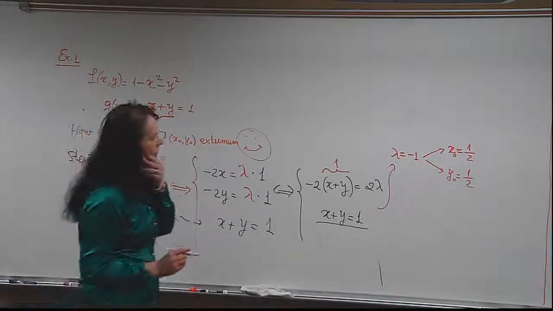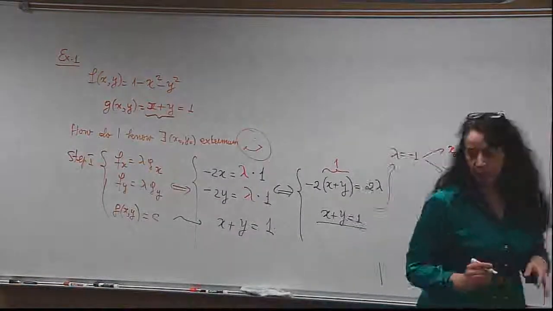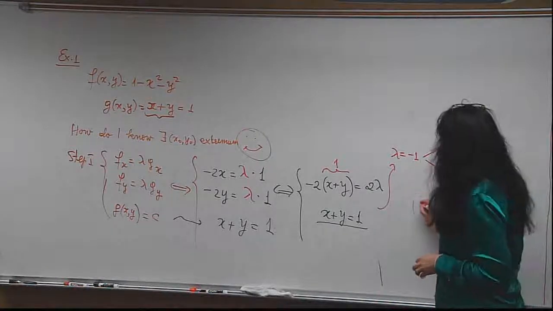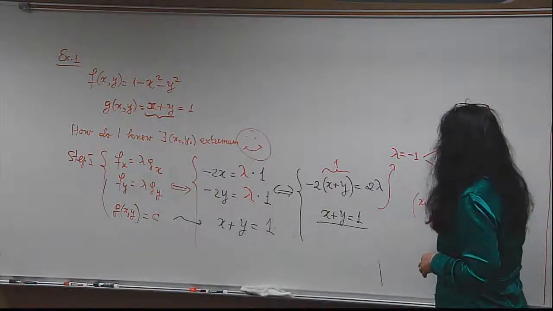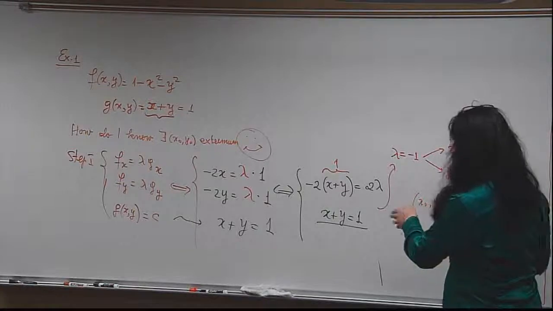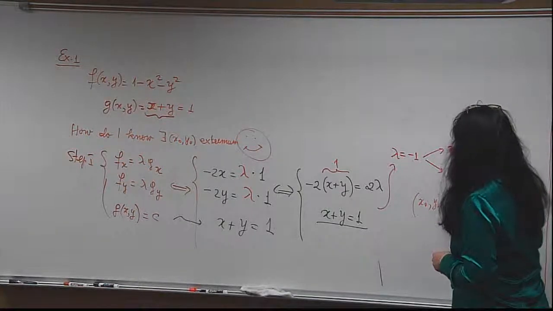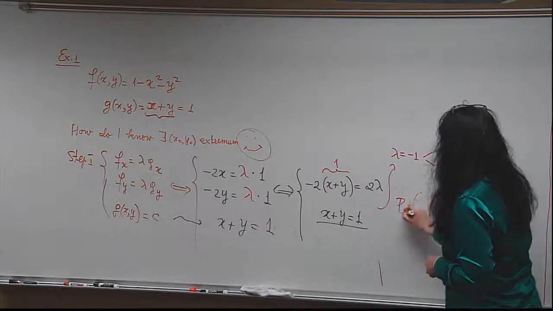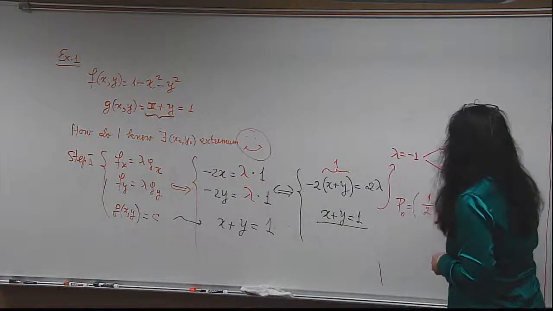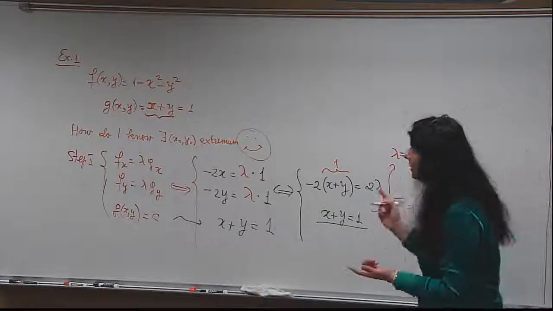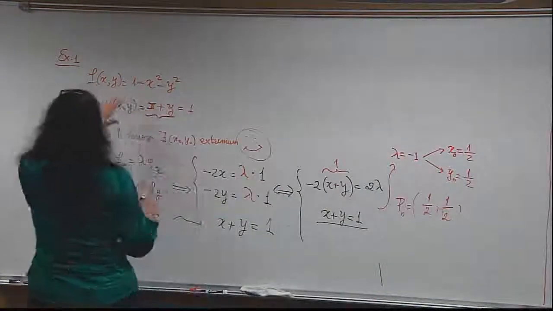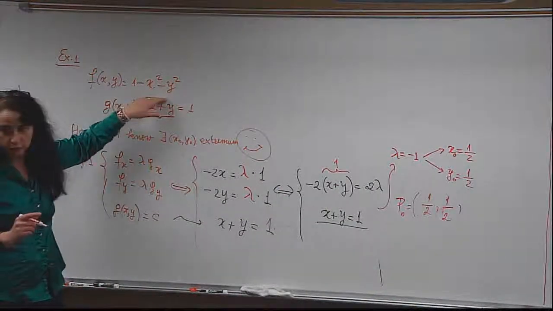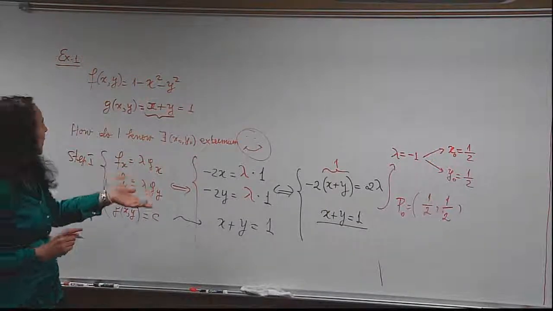And then you say, okay, I know x0, y0 now, that's the only extremum that I'm having to look at for now. What is this? So I'm going to go ahead and say the point will be P0, 1/2, 1/2, and then I plug in and I say 1 minus 1/4 minus 1/4 is again 1/2.